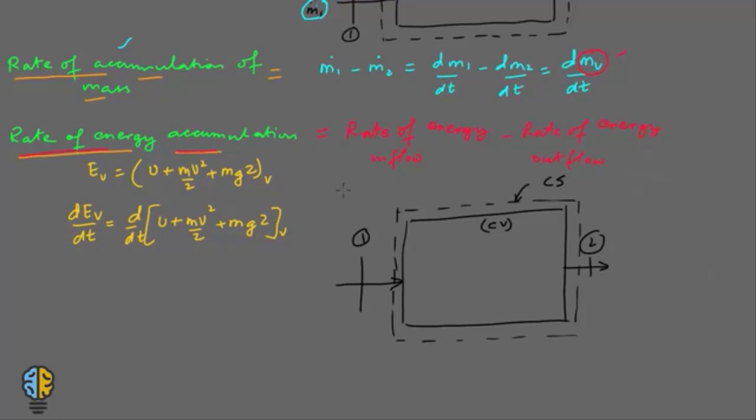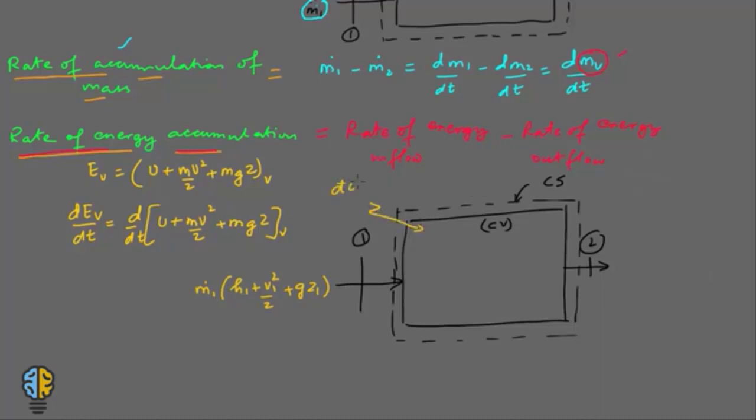The rate of energy coming into this unsteady system is m1 dot into h1 plus v1 square by 2 plus g z1. Along with it, we'll have some heat influx as well.